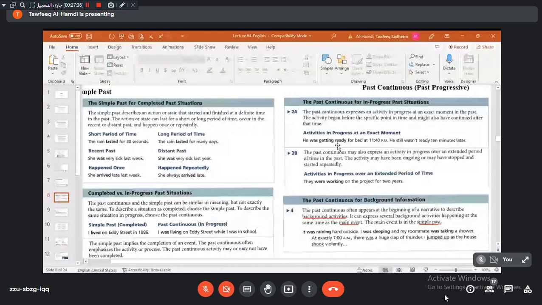And the second situation, I can use the past continuous to talk about a process over an extended period in the past. The activity may have been ongoing or may have started repeatedly. For example, they were working on the project for 2 years.